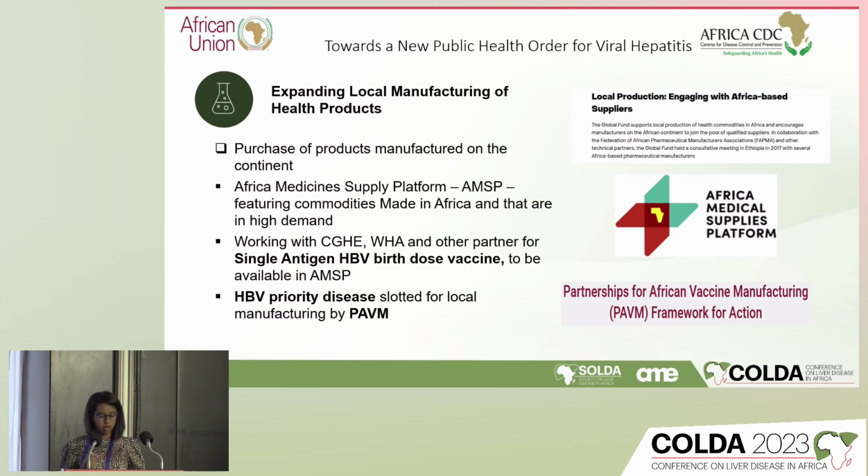But in the long run, the end game, and part of this new public health order, is to have local manufacturing of drugs and commodities. How do we enable regional manufacturing of the drugs and diagnostics that we need for our continent?